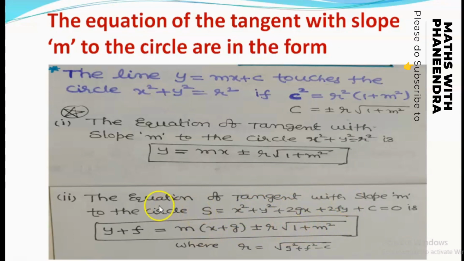This is the equation of tangent with slope m. These are the two forms. One is related to the standard equation of circle, another one is related to the general equation of circle.